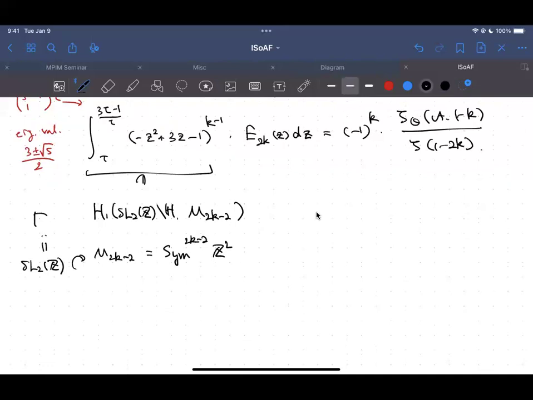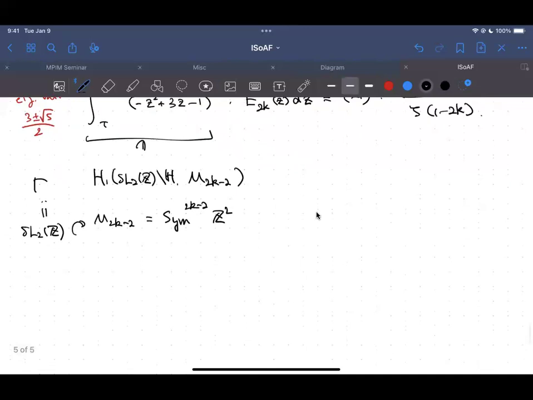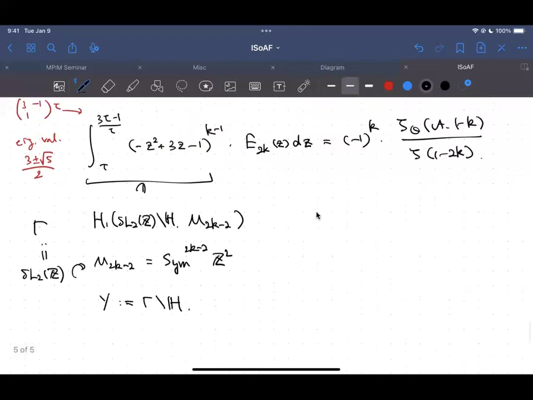So in the following, I would like to denote this SL2Z by gamma, and this modular curve by Y. Anyways, this part defines homology.